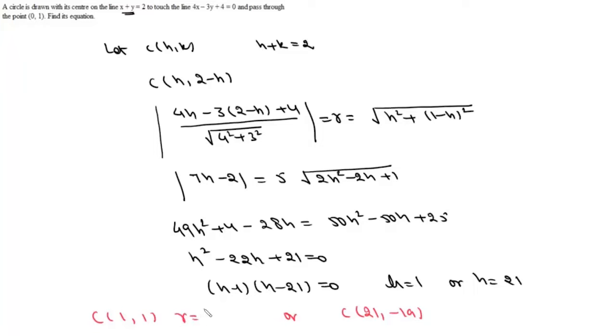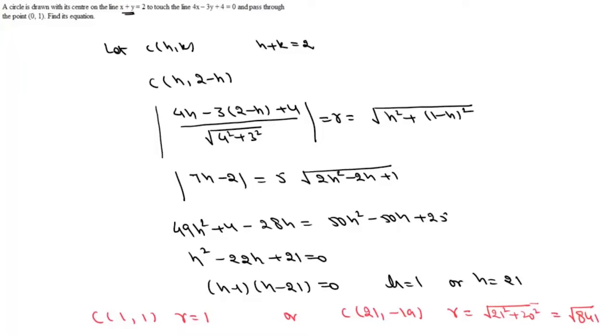Now this r is √(h² + (1 − h)²). If h is 1, then this radius is 1. And if h is 21, it will be √(21² + 20²), which is √841.